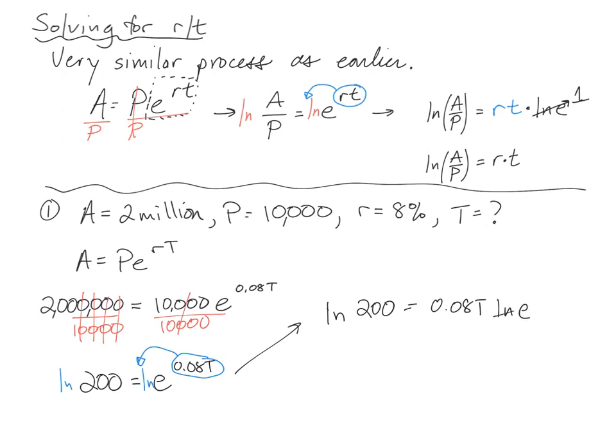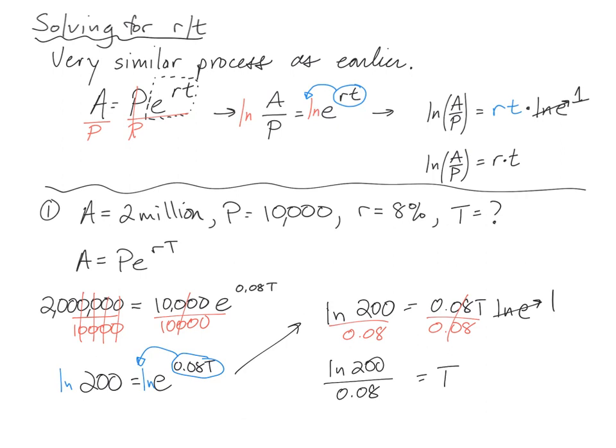Natural log of e, which is just 1. So that really doesn't change the right side of our equation. To solve for t then, we can divide by 0.08 and get that t will equal natural log of 200 divided by 0.08.